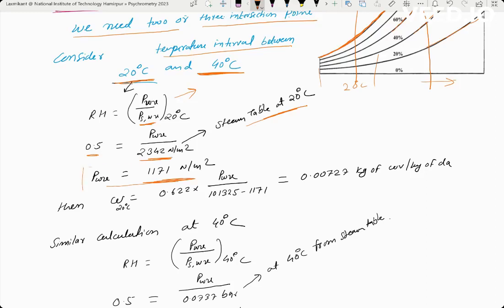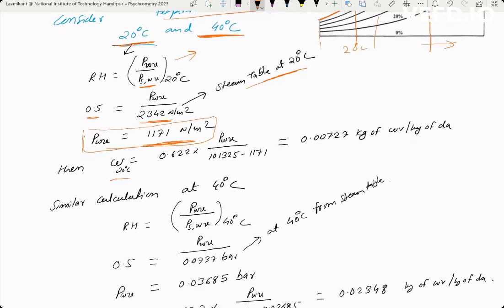This is the actual vapor pressure at 50% relative humidity. Then the humidity ratio we can calculate: 0.622 times 1171 over 101,325 minus 1171. This is the barometric pressure, so we are considering the standard barometric pressure. Then the value obtained is 0.00727 kilogram of water vapor per kg of dry air. So now we have one intersection point.